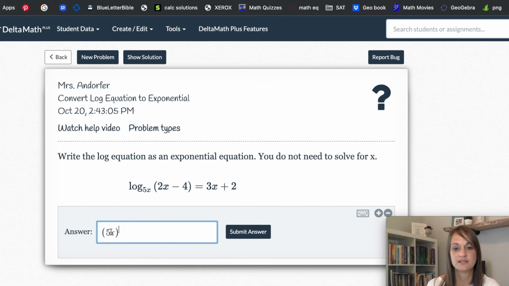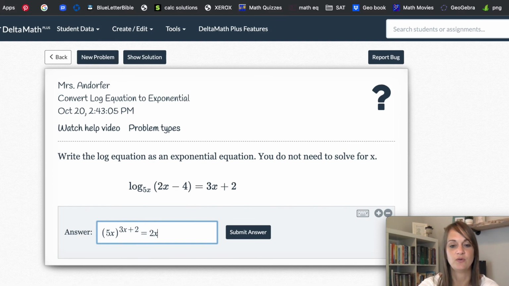If you don't use parentheses, then you're not making both the 5 and the x being raised. So the base, right here, 5x, is being raised to the outside number, so that would be 3x plus 2. And then that should equal this inside number, which is 2x minus 4.